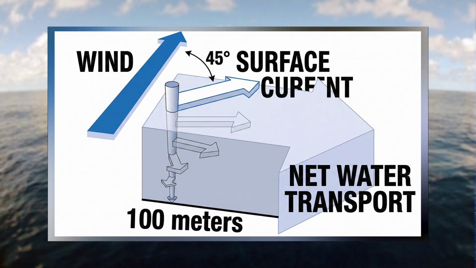In the northern hemisphere, surface water does not just follow the wind in a straight line. Because Earth is spinning, the Coriolis effect tugs on the water, forcing the very top layer to flow at an angle of roughly 45 degrees to the right of the wind's path.